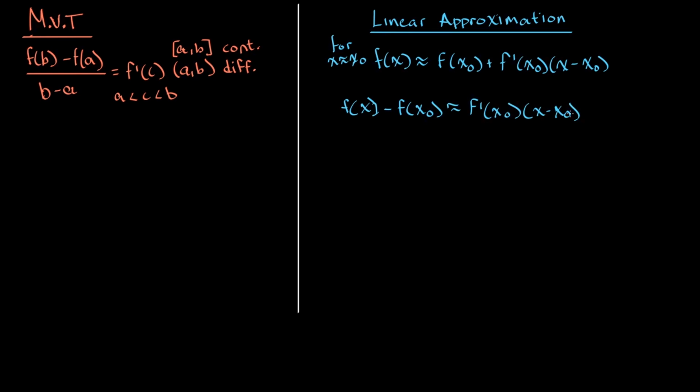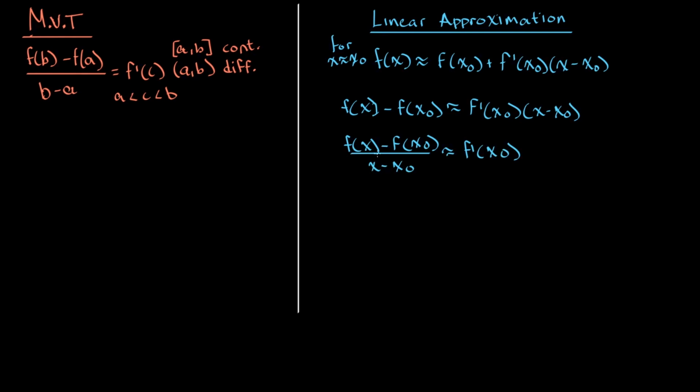All right, now let's divide both sides by x minus x naught. So we have f of x minus f of x naught over x minus x naught, and this is approximately equal to f prime of x naught. So you can see we're getting pretty similar.